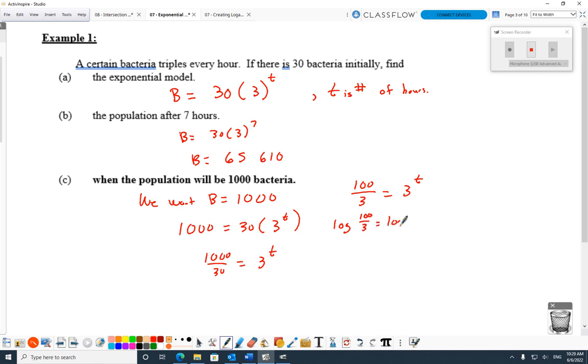And the reason we do that, to completely review Thursday and Friday, and maybe the whole chapter is, now when I have log on both sides, that unknown in the exponent can come down as a multiplier. And now it's not an exponent anymore, it's a multiplier, and now I can just divide to get t. T equals log 100 over 3 divided by log 3.